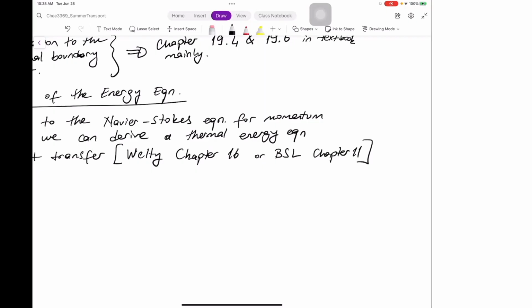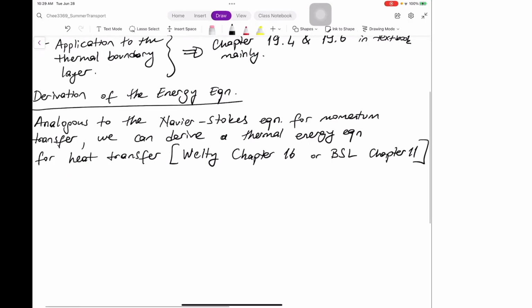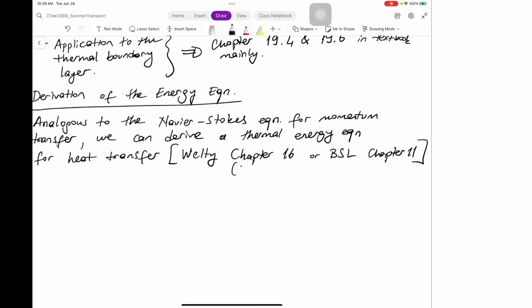Yeah. It's the differential energy equation. Let's see, yep, 16.1.